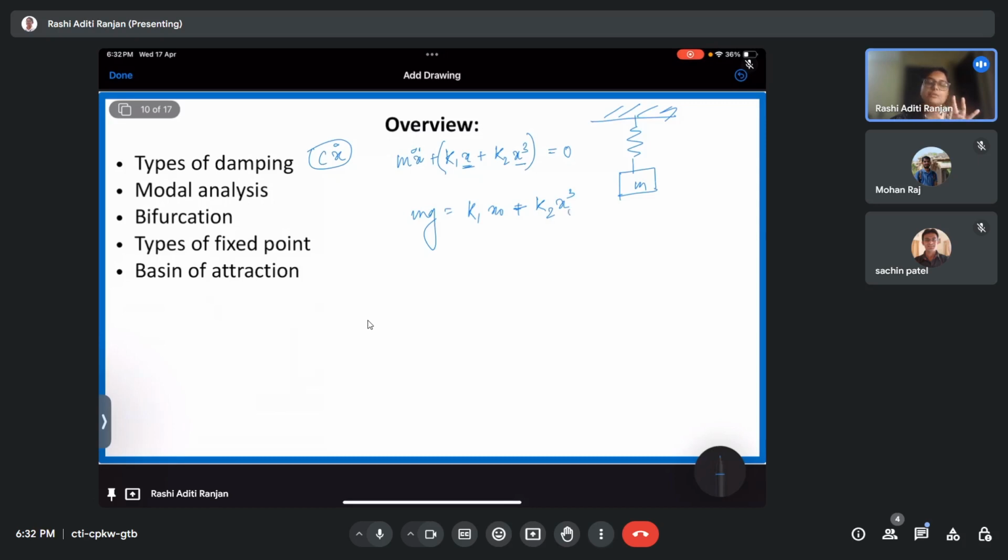Now, by seeing this equation, you know that there are going to be three roots of x naught, correct? Because x to the power 3 is there. So if there are three roots, it may happen that if I take mass as a parameter and here I take x naught, it is going to have this kind of behavior. It is also having a saddle node bifurcation.